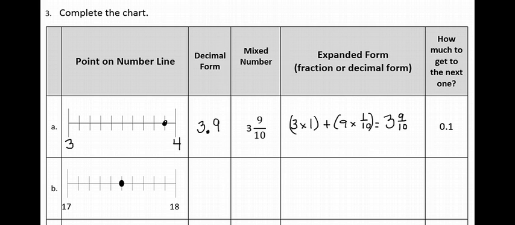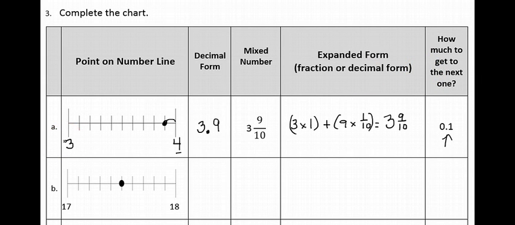The last column asks how much to get to the next one. If we go back to our number line, it would take me one more tenth to get to my next whole number, and that's why we have 1/10 here written as a decimal to show how much it takes to get to the next whole.